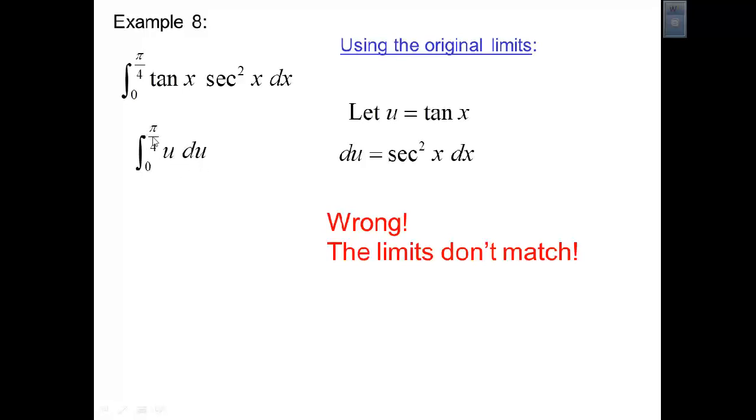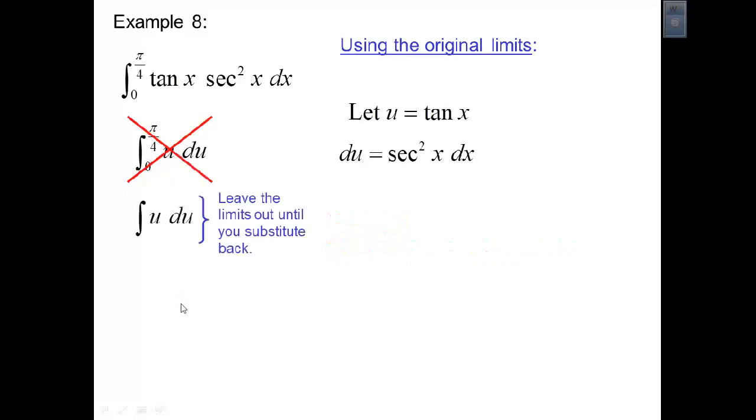Remember, 0 and pi over 4 are in terms of x. The 0 and the 1 were in terms of u. So right here, this would cause you to lose points. What you can do is, like I did the second time, leave those limits out until you substitute back in. And you don't even have to put the plus c, since you're not going to use it anyway.